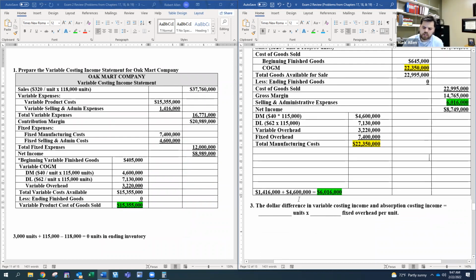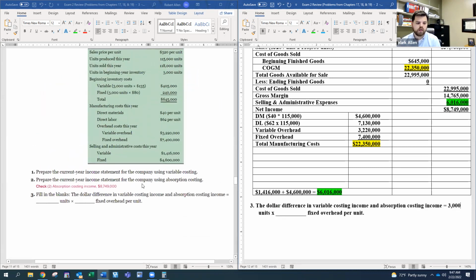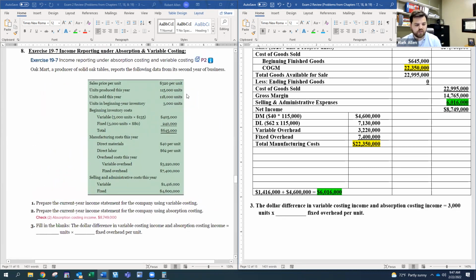In this case, the dollar difference in variable costing income and absorption costing income is the 3,000 unit difference between what we produced and what we sold, the 3,000 unit difference right here between the 115,000 and the 118,000, times $80 in fixed overhead per unit.